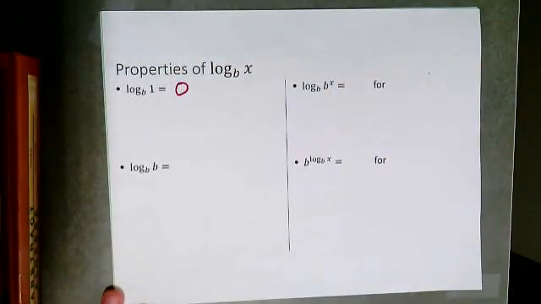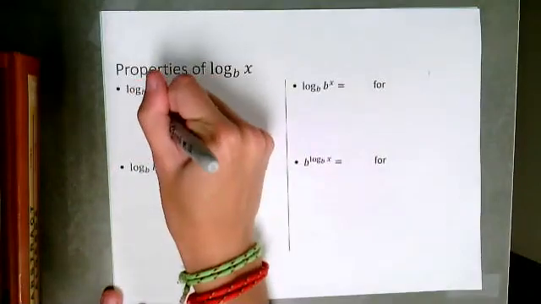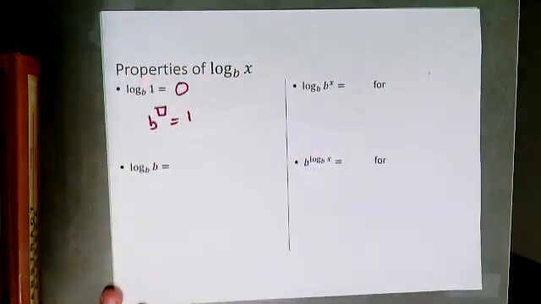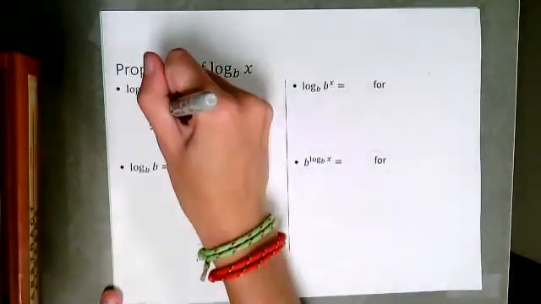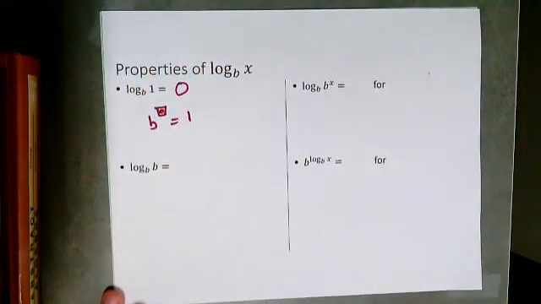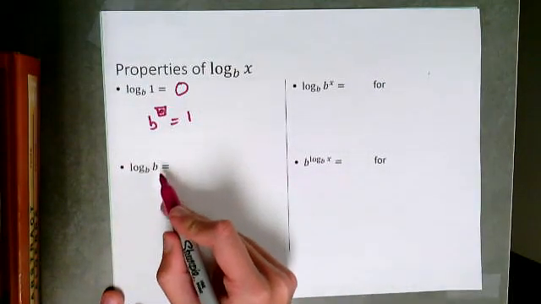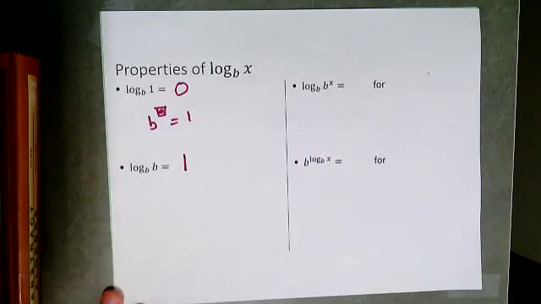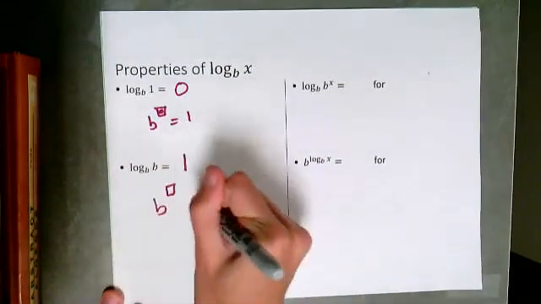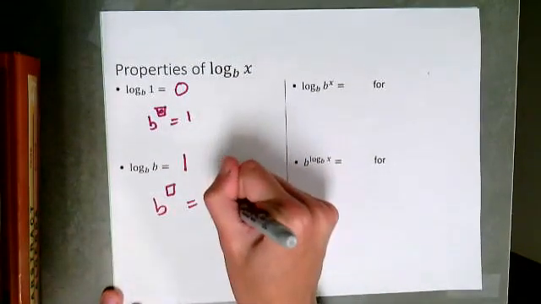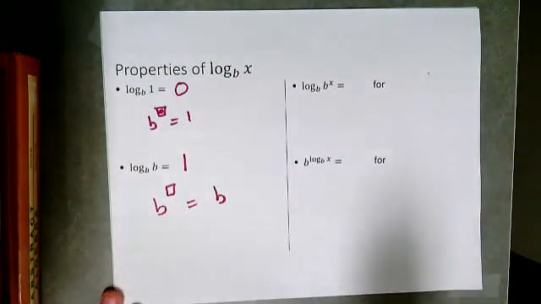This is for any base b because b to the something is equal to 1. And that something will always be 0. Okay? Log base b of b, right? That's going to be 1 because b to something equals just b. That's 1, right?